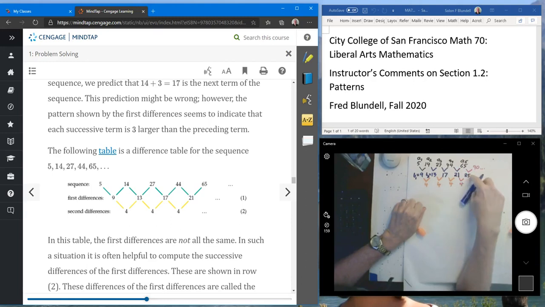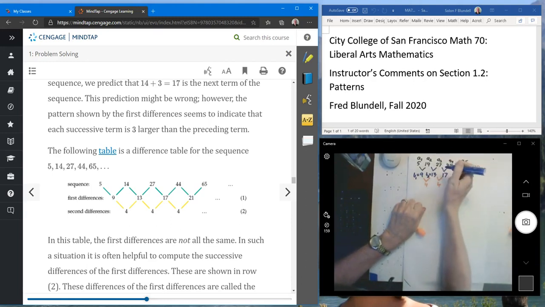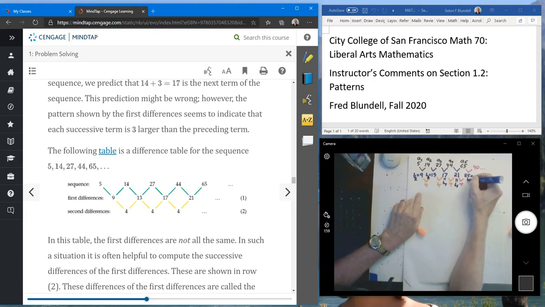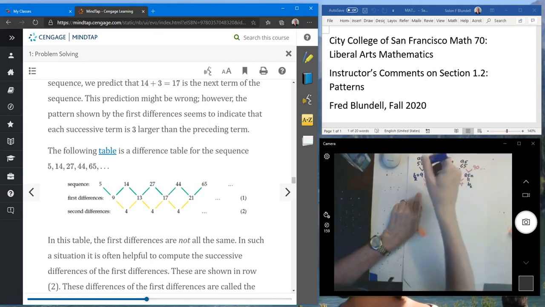You know what I want to do? I want to change this a little. It'll just be a little simpler if I call this one B2, B3, B4, B5, B6, okay?